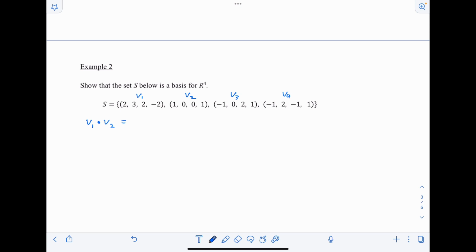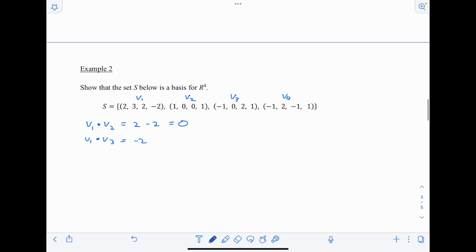Then I'll take V2 with V3 and V4, and then V3 with V4. So, and I'm going to just kind of expedite the math here. So for V1, V2, when we multiply those together, we're going to have 2 times 1 is 2, plus 0 minus 2 is 0. The dot product of V1 and V3 is going to be negative 2 plus 0 plus 4.